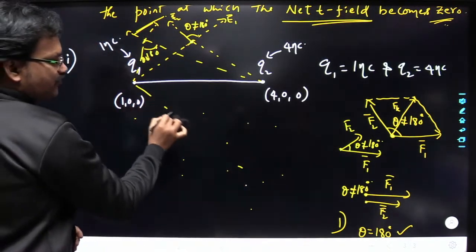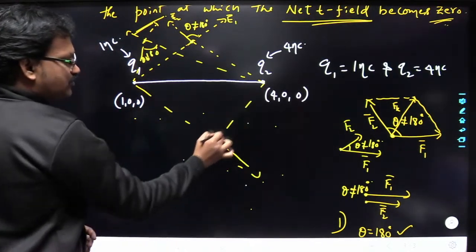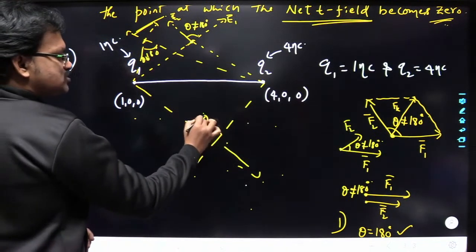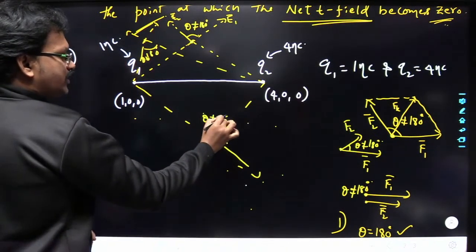The electric field is going to point like this, and here the electric field is going to point like this. Here theta is not equal to 180 degrees.